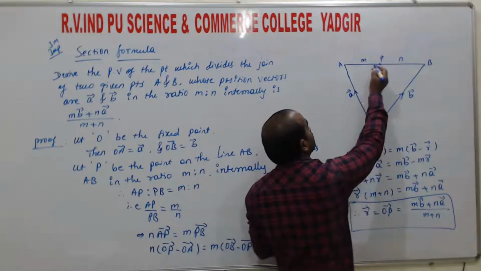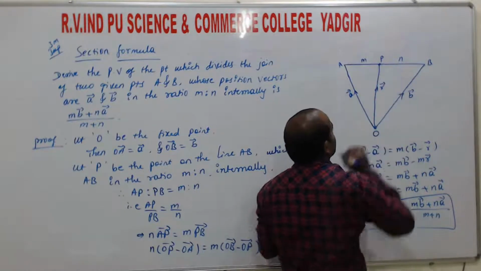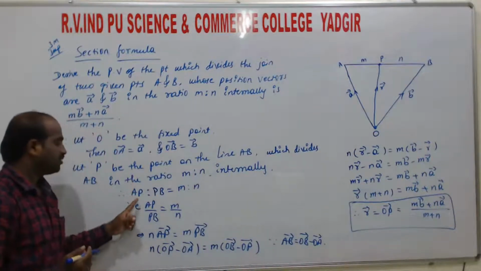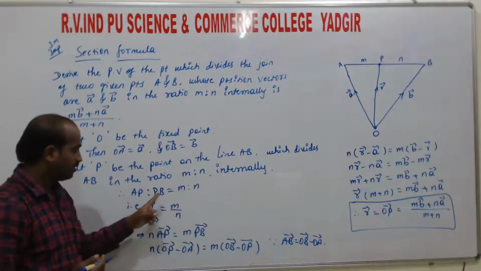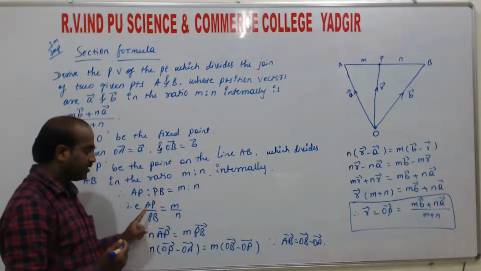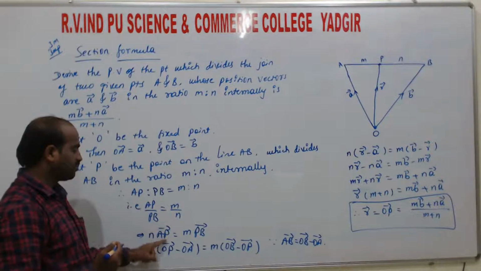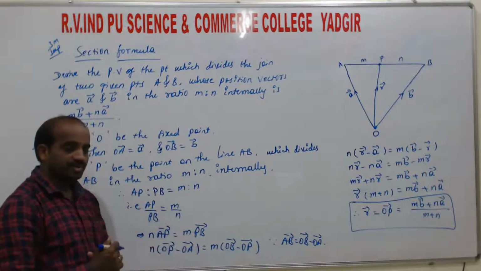Now AP is to PB is equal to M is to N. Ratio means divide: AP divided by PB is equal to M by N. Cross multiplication: N into AP vector is equal to M into PB vector.